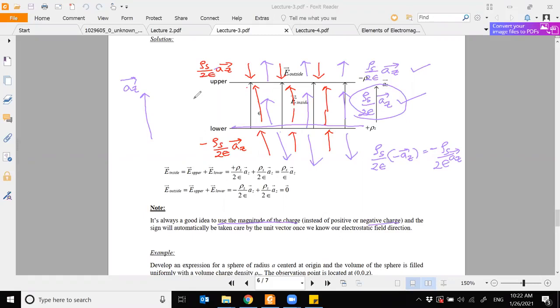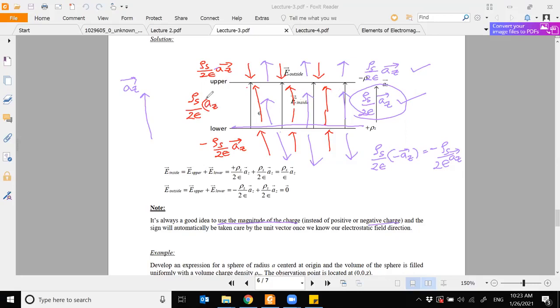So I will not consider minus rho S, I will just consider the magnitude rho S over 2 epsilon, and then I will look at the unit vector and let the unit vector decide the sign, because it will automatically be taken care of by the unit vector sign. So what is the unit vector sign here? Positive.